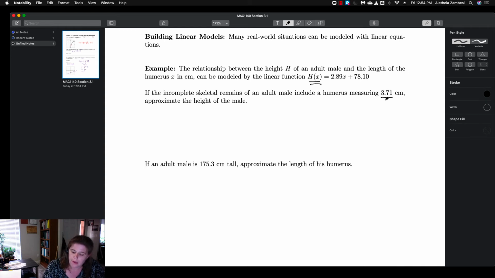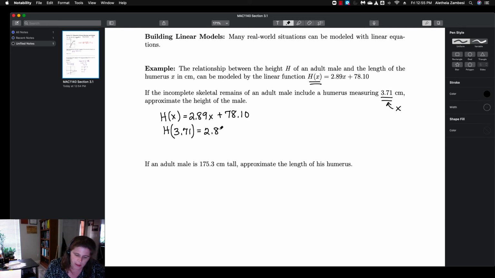And that means that we have an x value that we can plug into this function. So if I plug that in, H(x) = 2.89x + 78.10. Applied problems usually need some form of calculator for arithmetic, so 3.71.